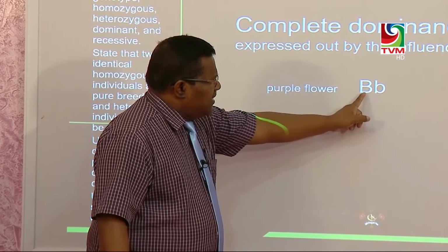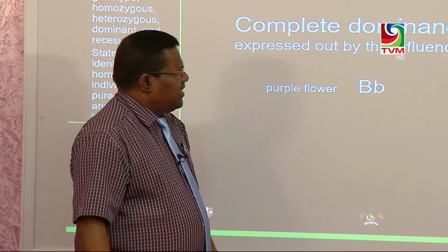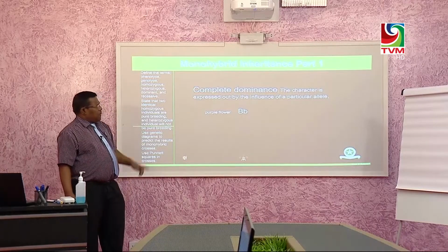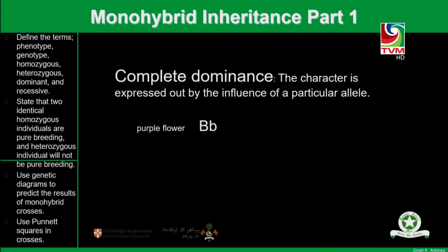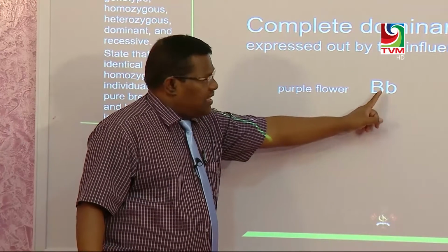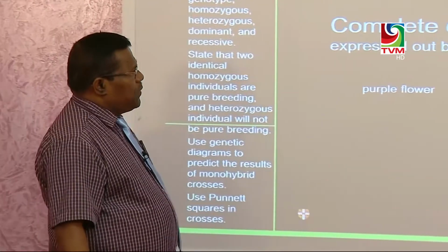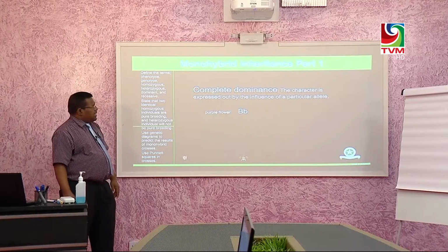That is why this allele is expressed. That is because of complete dominance. The character is expressed by the influence of a particular allele. Only this allele is influencing the character, not this one. Understood? Such a type of dominance, we call complete dominance.